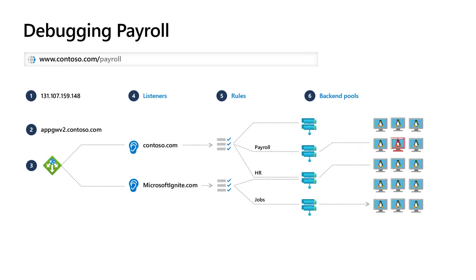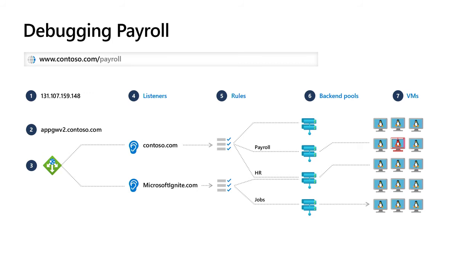For a particular backend pool, I need to know the set of VMs in that pool. That's under lookup. Now that I know all of the VMs that are serving the backend pool, the next step is to go through each of the VMs and see whether there is an application issue or a network issue or a resource issue at this point.